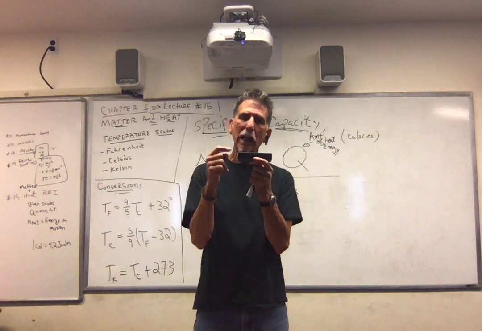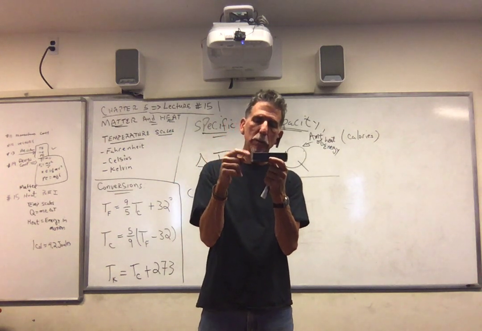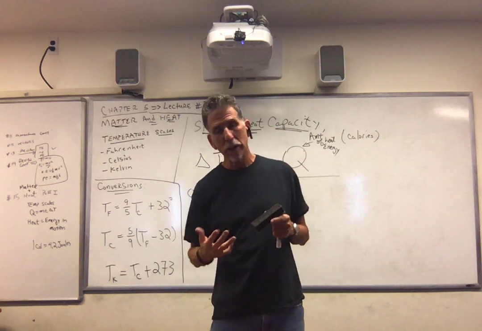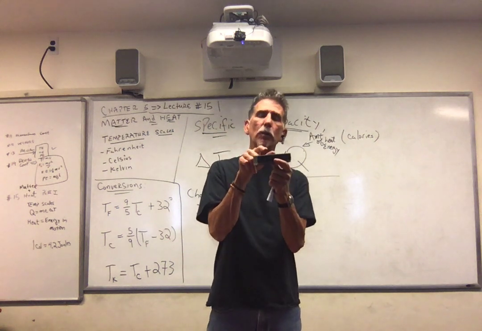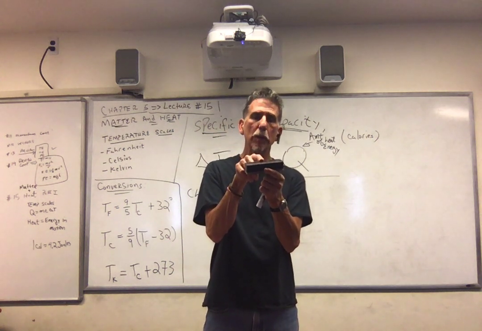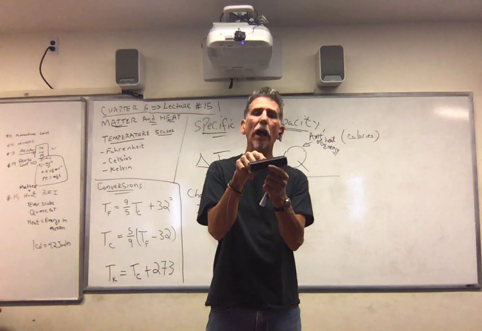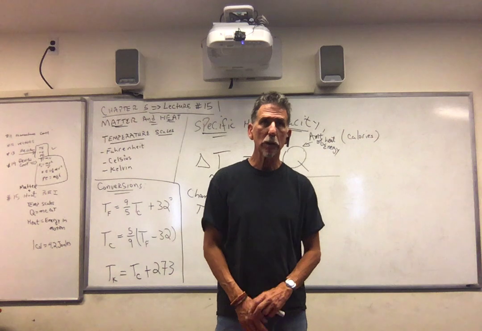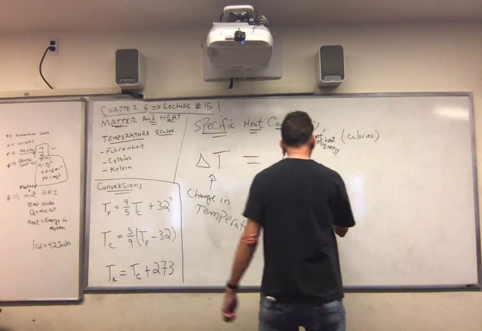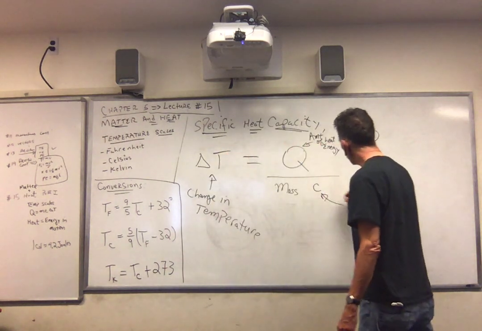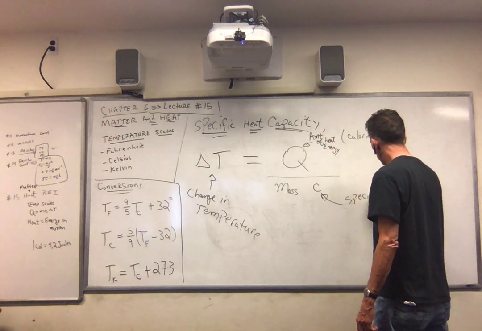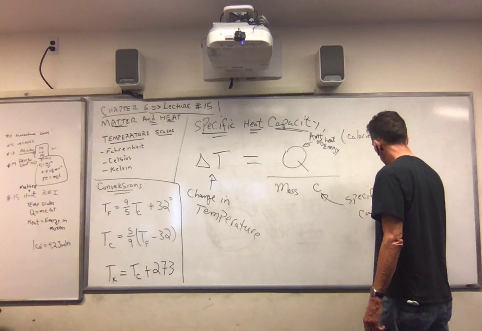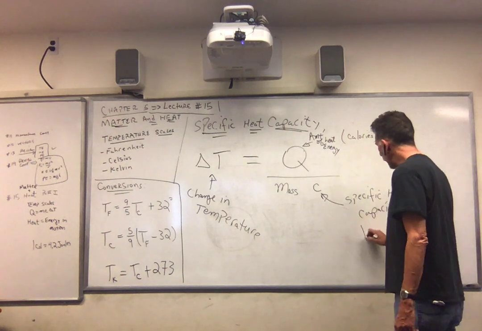If I add 100 calories of heat to a piece of aluminum this size, you agree that the temperature will not change exactly the same as if I had a piece of copper, or a piece of iron. So somehow it's going to depend on what the material is made of. Okay? I'm going to put a C here. This C is called the specific heat capacity, and it depends on the material.